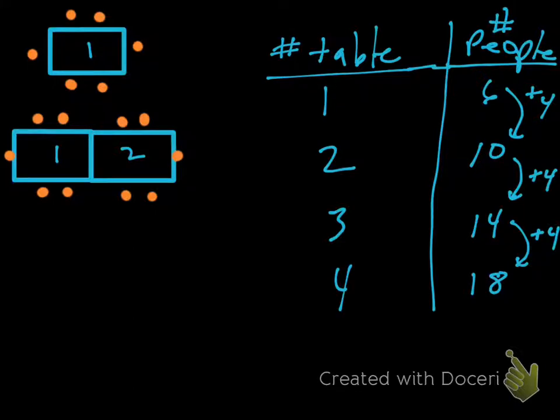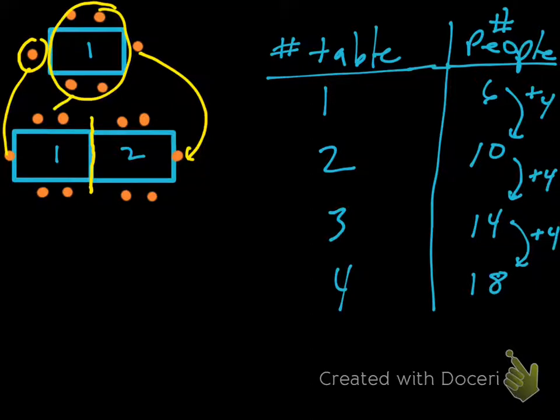This shared side here, this person always is added to the end of the table, so you're not adding new people here, and these 4 people get shifted here. So it's clear that every time you add a table, the only thing that is new is the 4 people here, because everybody else pretty much gets shifted.